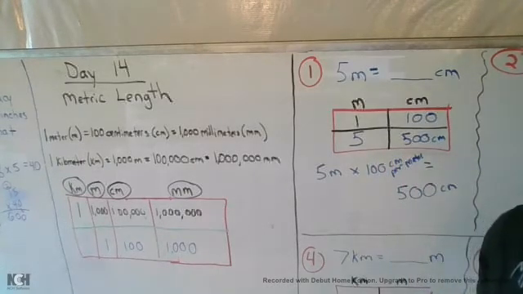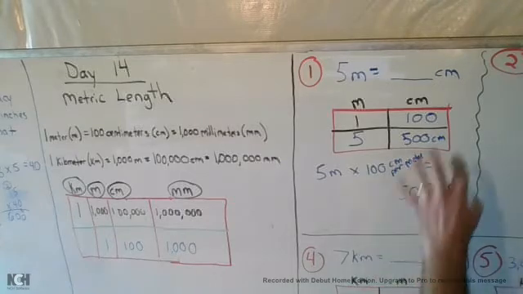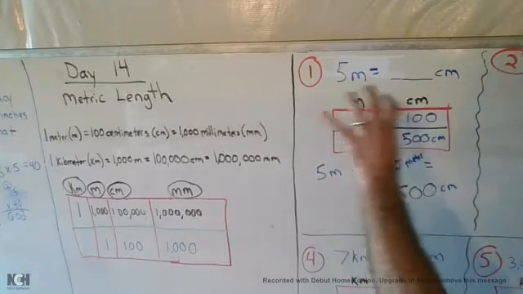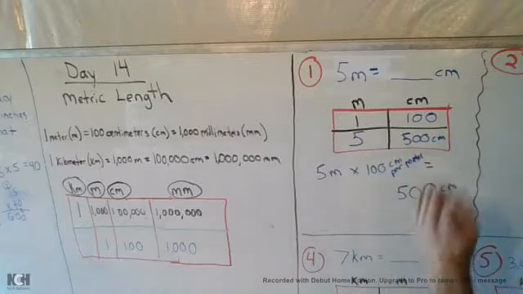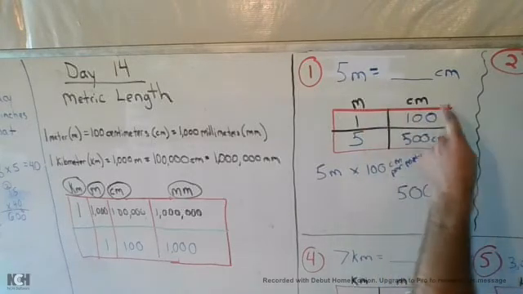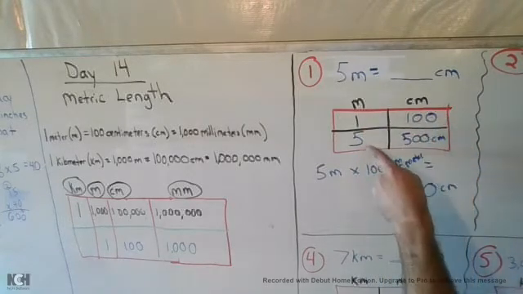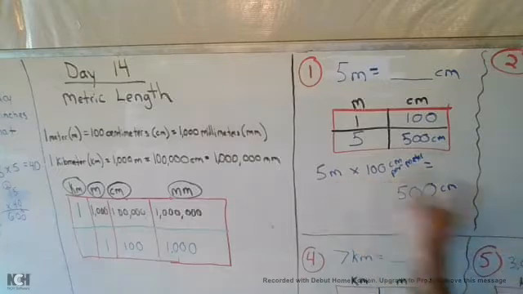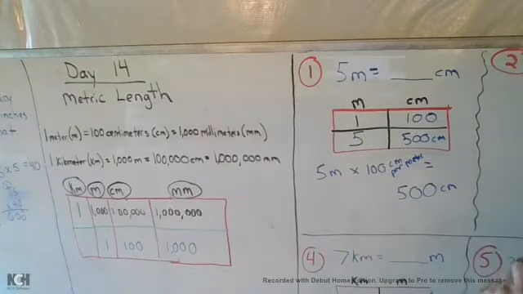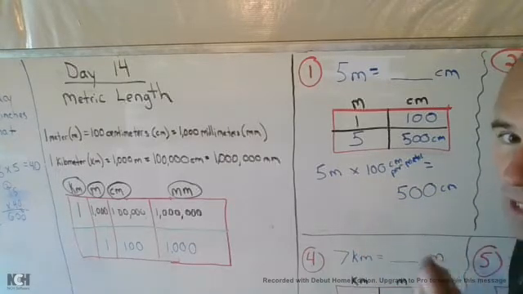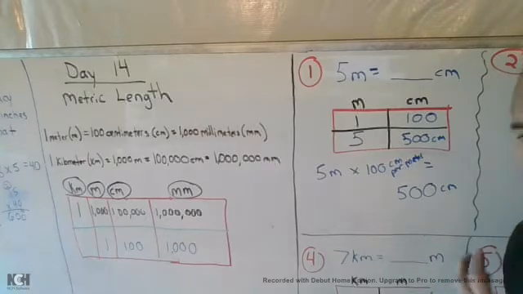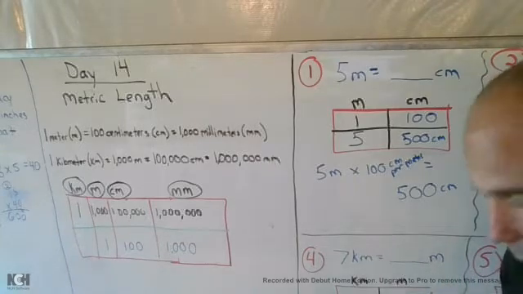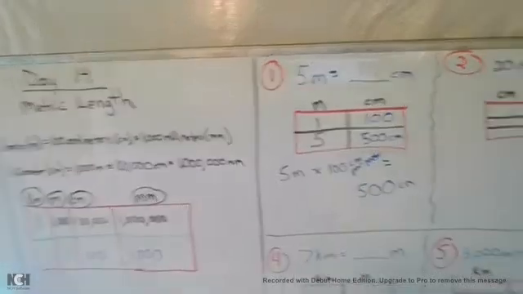Ta-da! So I used the chart here to help me make sense. Well, if 1 meter is 100 centimeters, 5 meters is 500 centimeters. Okay? And I've created the expression that goes with it. 5 meters times 100 centimeters per meter will give you 500 centimeters. All right, let's see if you can do the next one on your own.